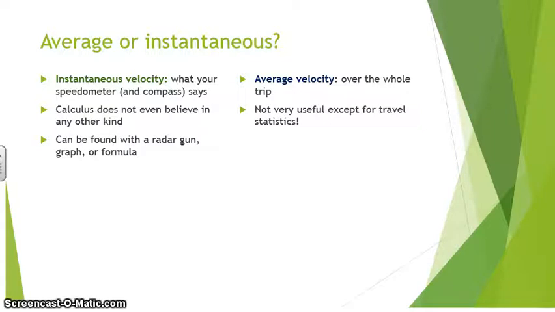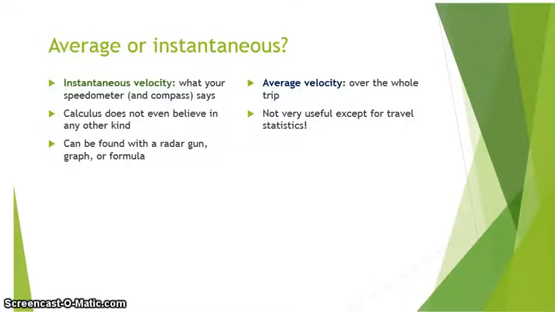Look up on Google Maps the distance between your home and the school. Find the time it takes, divide them. Then ask yourself, does that number have anything to do with what was on the speedometer at any time, or even most of the time during your ride? Especially if you take the train and you spent a lot of time waiting at the station.